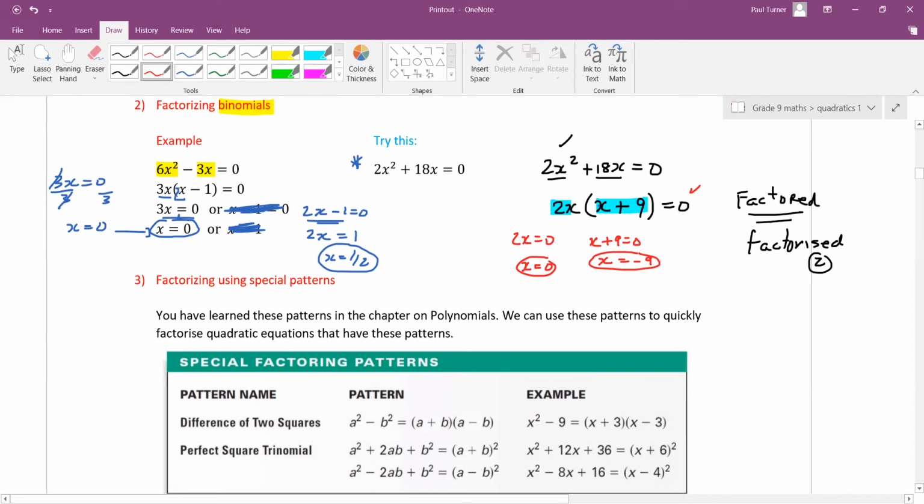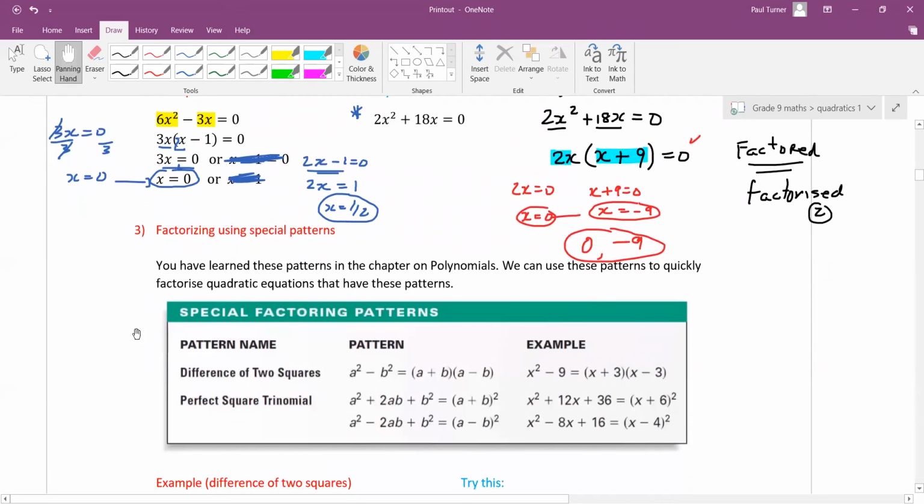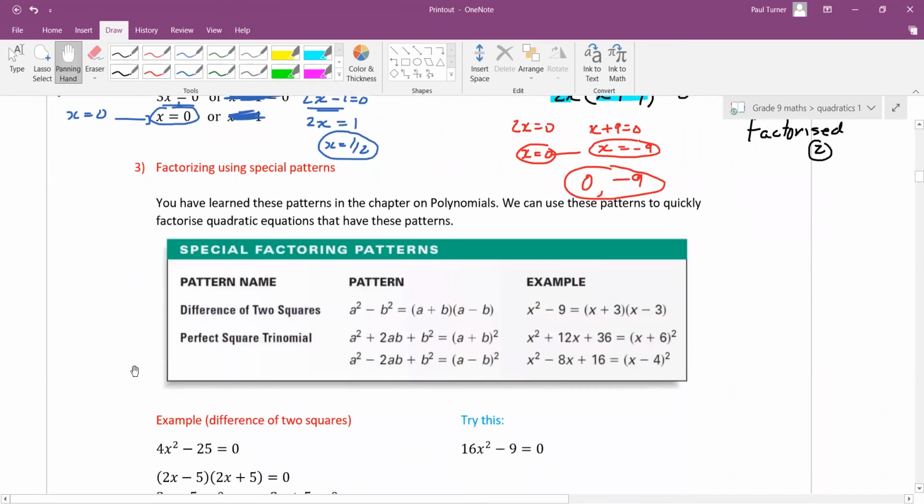If you put minus 9 in here, you'll get 0. If you put 0 in your equation, you'll get 0 again. So 0 and minus 9 would be your solutions to that equation. Okay, so that's how you factorize binomials. Just factorize and then find x.